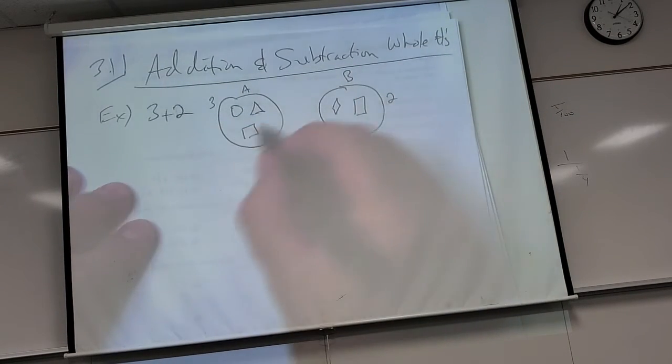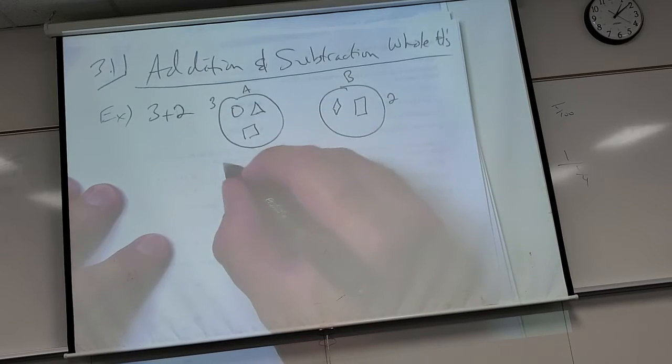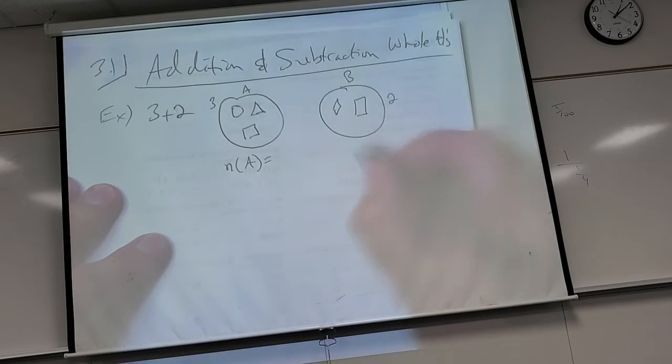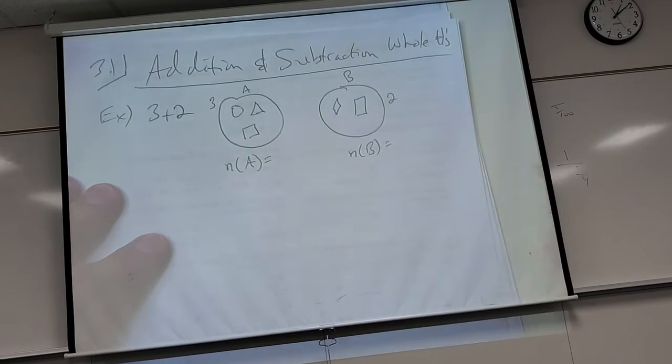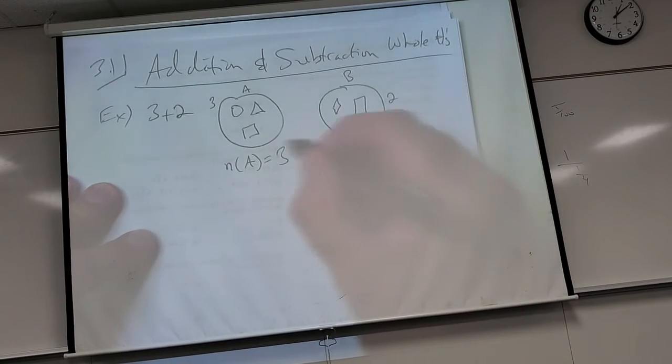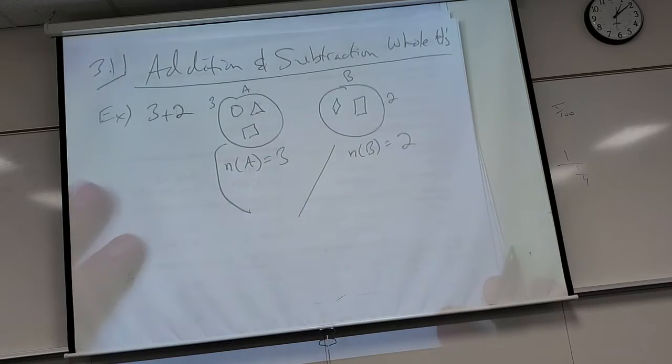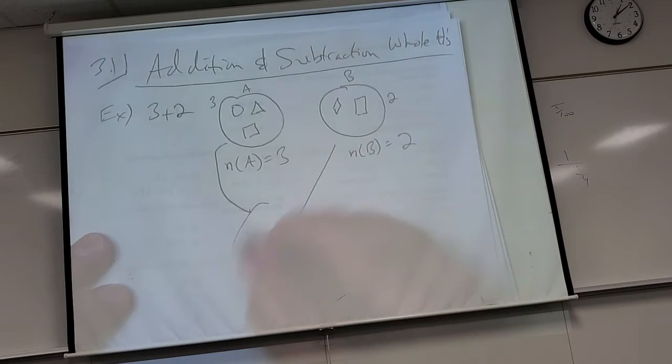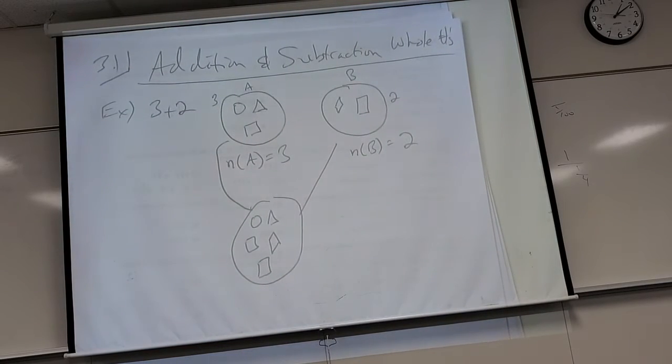So let me see if you guys remember this. What is n(A)? 3. And n(B)? 2. So, if I want to represent 3 plus 2, I could just take all the elements in the first set, and it's basically a union, right? I just unioned those.